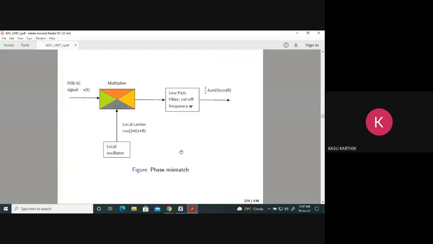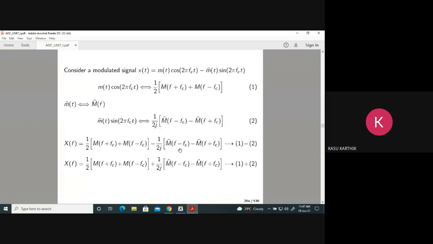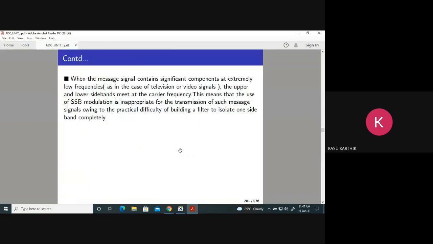When the message signal contains significant components of extremely low frequencies, as in the case of television and video signals, the upper and lower sidebands meet at the carrier frequency.